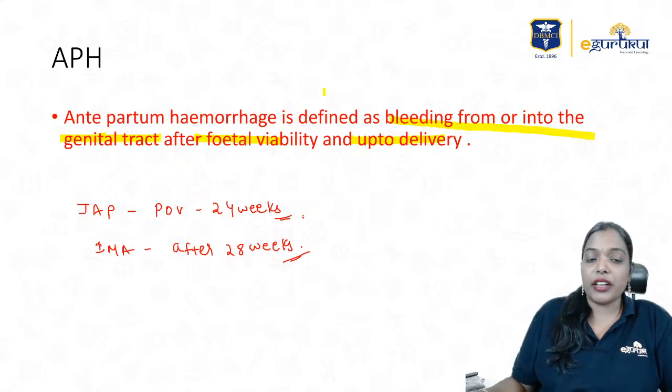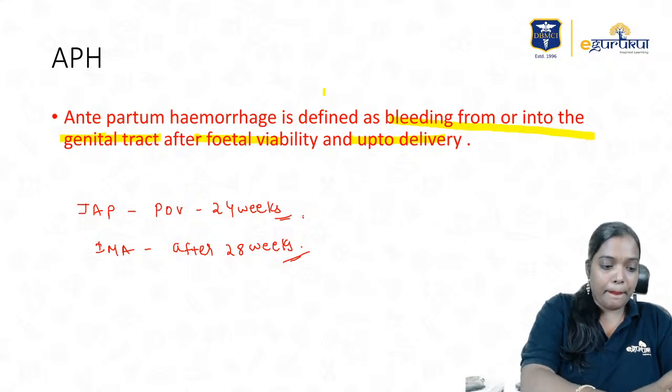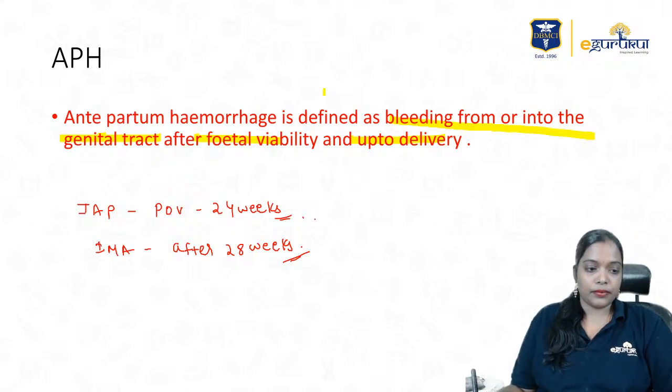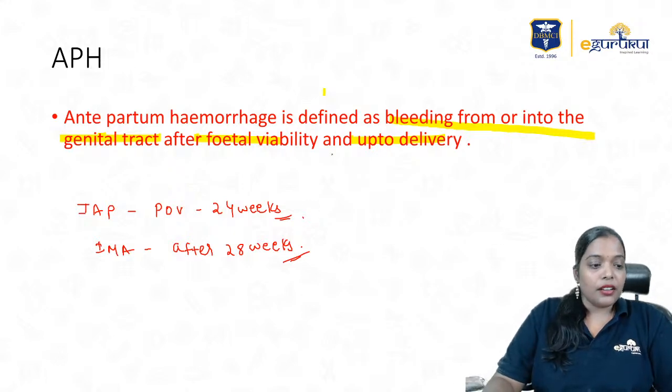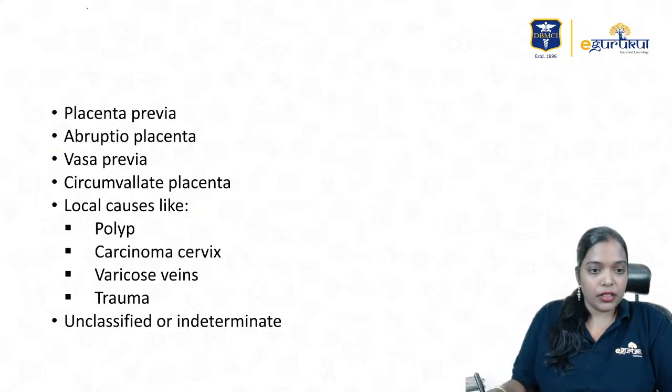Can you name any causes for antepartum hemorrhage, guys? I want you to answer any causes which you know. Abruption, placenta previa, Vasa previa, circumvallate placenta.